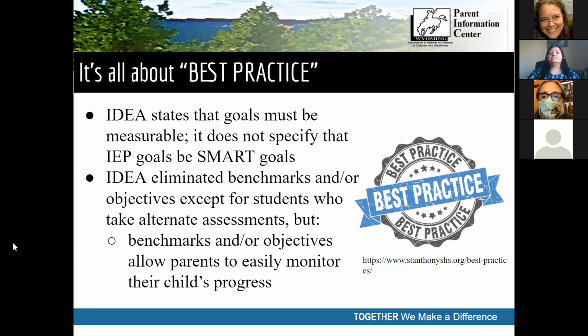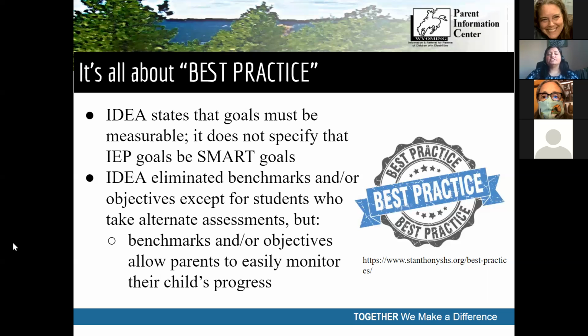It's going to make things easier for the teacher if you add them up front so that you can more easily monitor that child's progress over time. IDEA also doesn't tell you how often you need to send progress monitoring to parents. It does say that you need to send progress monitoring to parents, but it doesn't tell you how often.